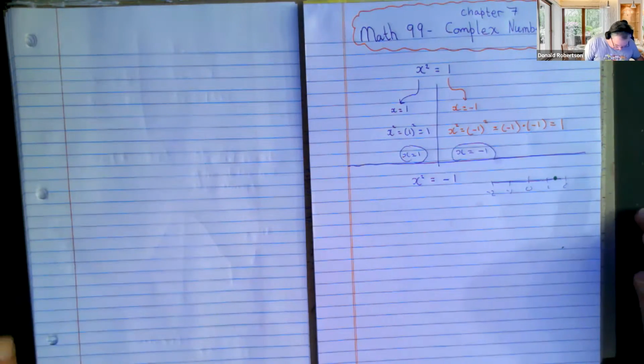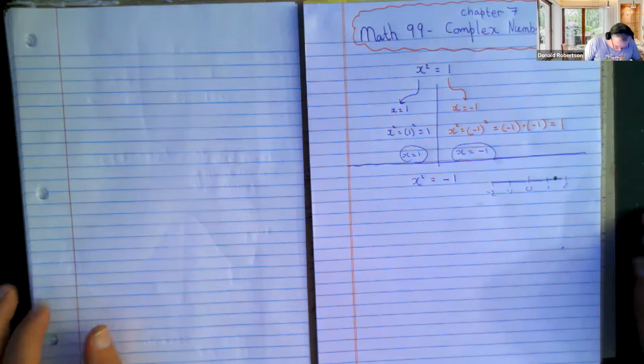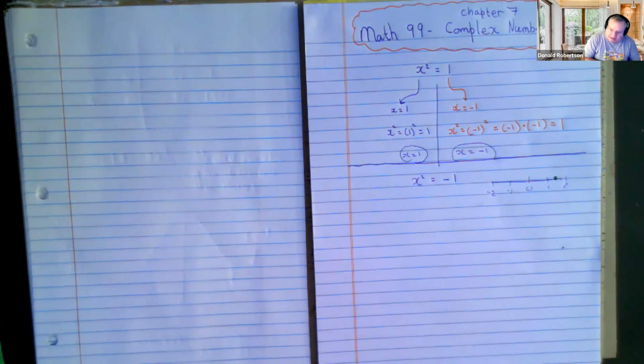And for a long time, that was kind of the end of the problem. And then they started thinking a little bit more deeply, and they said, okay, we accept that there aren't any real numbers where that is true. But suppose there's another number system, one that we haven't created or discovered yet, which was able to solve this problem.